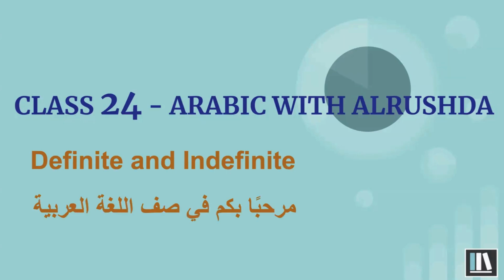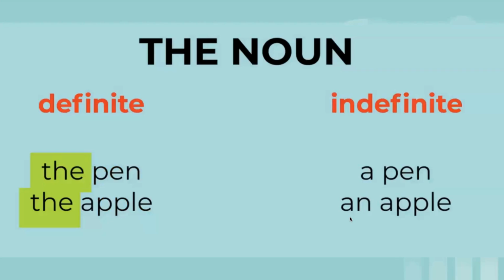Welcome all of you to the class of Arabic language. In class 24, we are continuing from our previous class where we learned about definite and indefinite words in Arabic. Do you remember last time I explained the difference between definite and indefinite words, and we specifically started with the nouns?